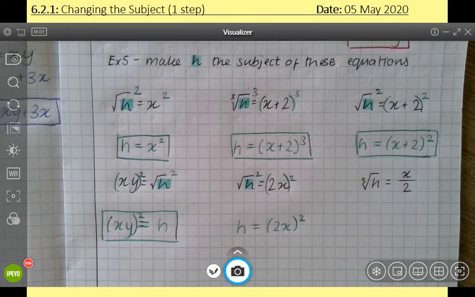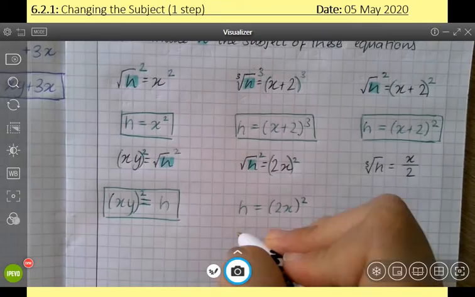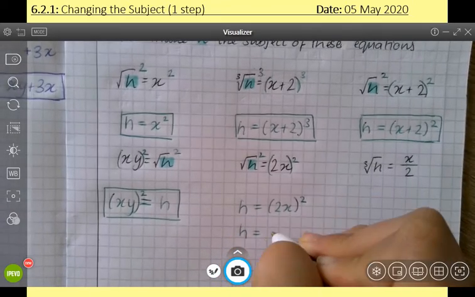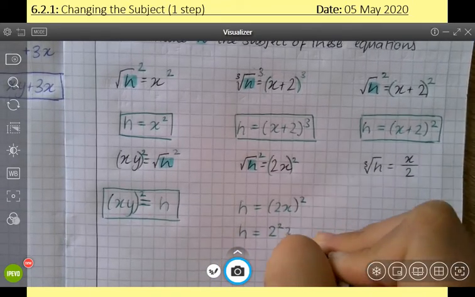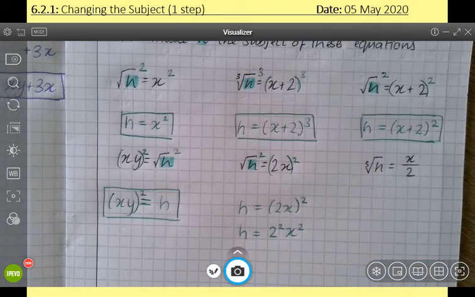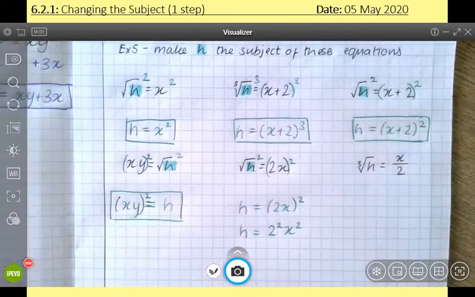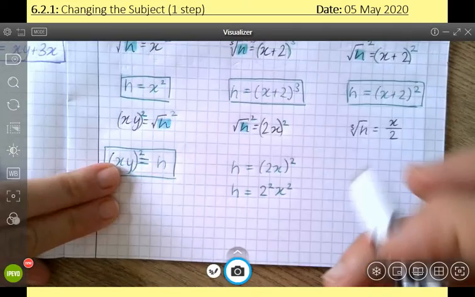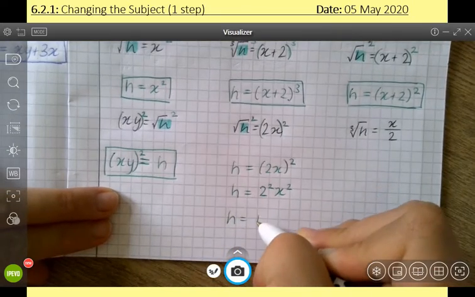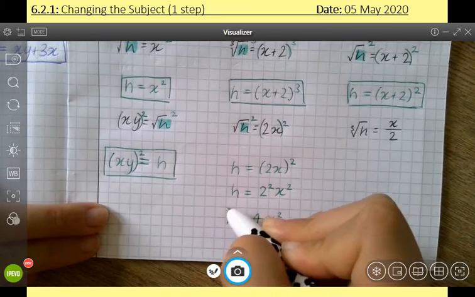Now this one I can write slightly differently if I want to. I can write h equals 2 squared x squared, and I actually know what 2 squared is as a number, so I can even write this one as h equals 4x squared.